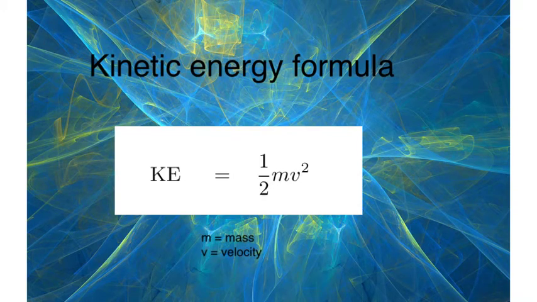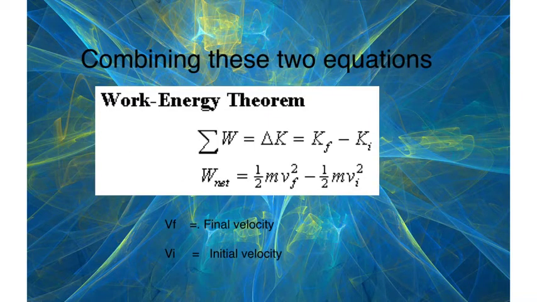So we know that the kinetic energy formula tells us that the kinetic energy of a moving system is equal to 1/2 the mass times the velocity squared. If we combine these two equations, the work-energy theorem and the equation for kinetic energy, we get this fancy theorem right down here.